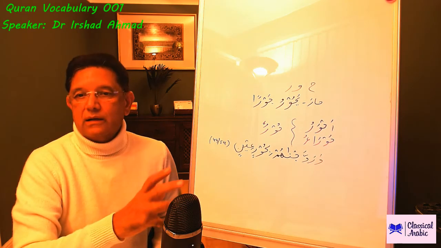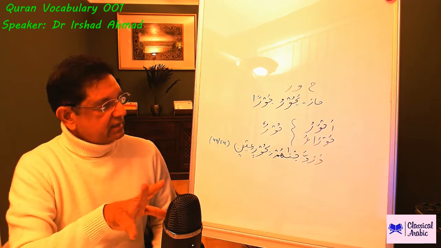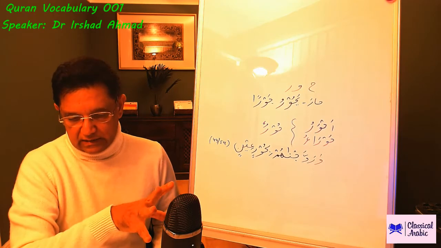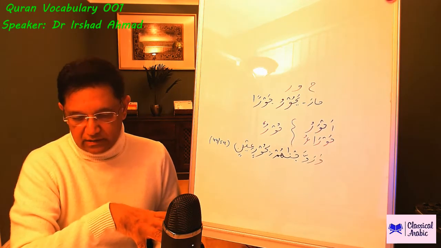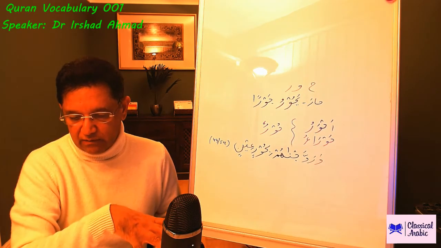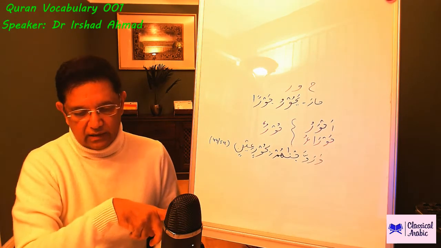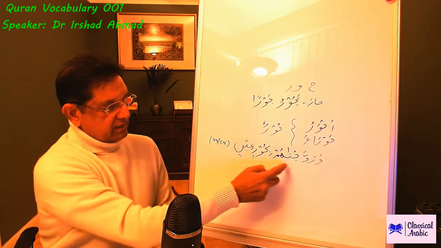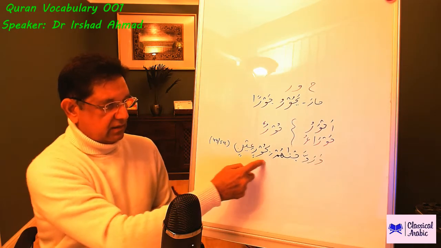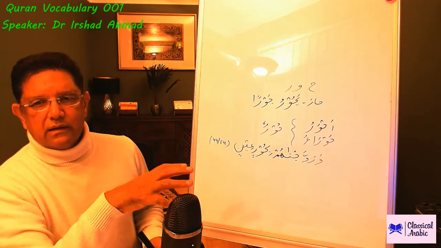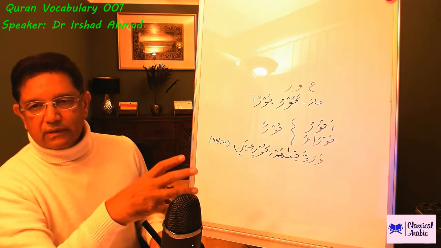I don't know where the luster has come in it, but that person has translated it. And there's another person who translated this as "we will marry them to fair women with large, beautiful eyes." I don't know where the fair has come from.